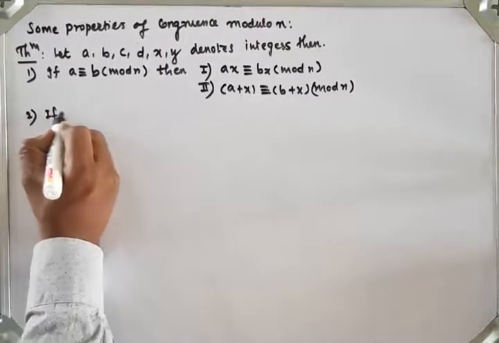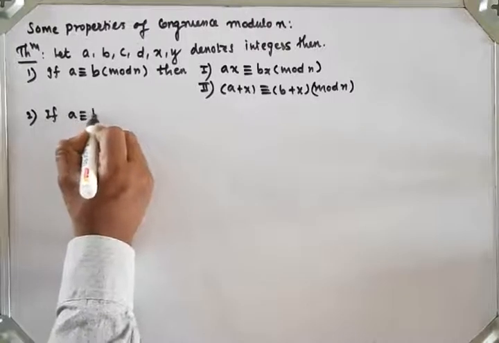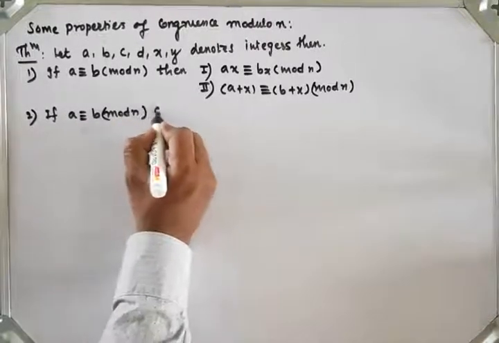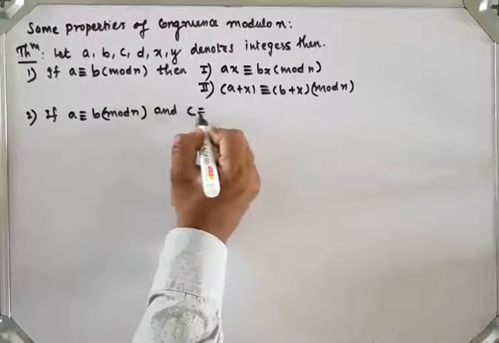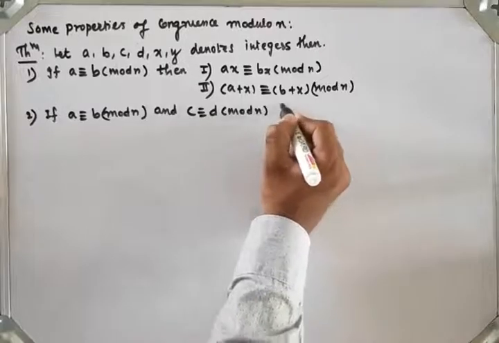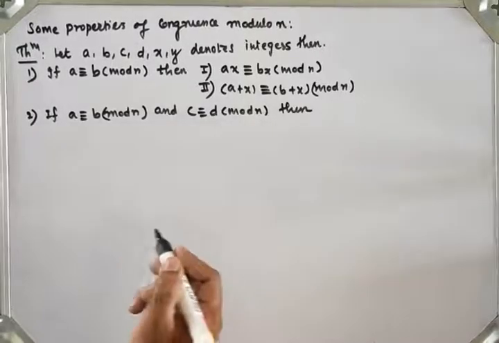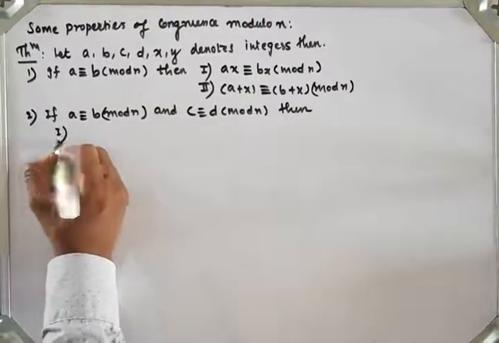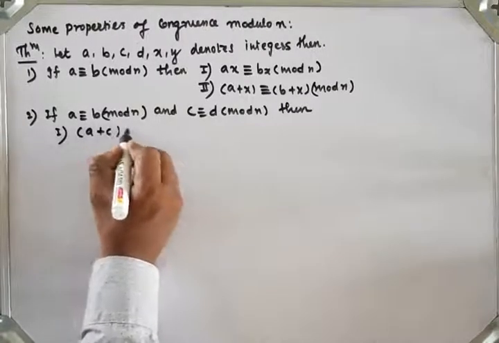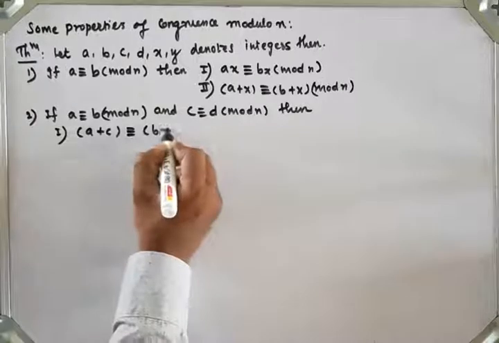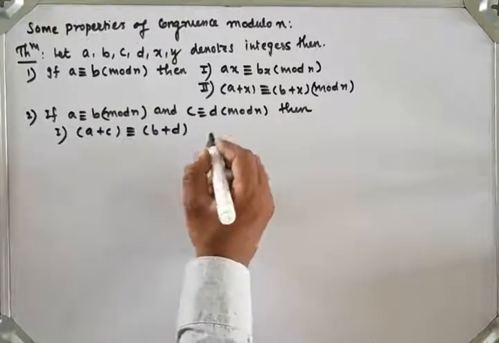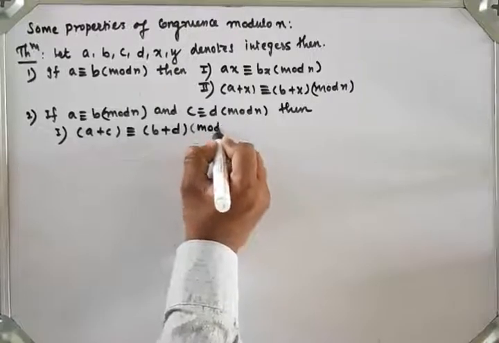Second, if a is congruent to b modulo n and c is congruent to d modulo n, then first, a plus c is congruent to b plus d modulo n.